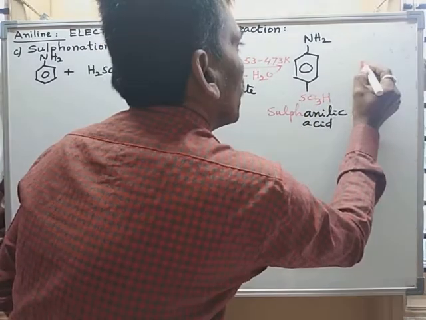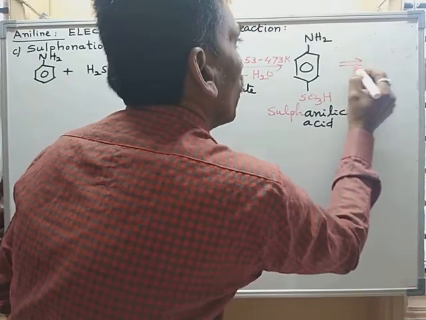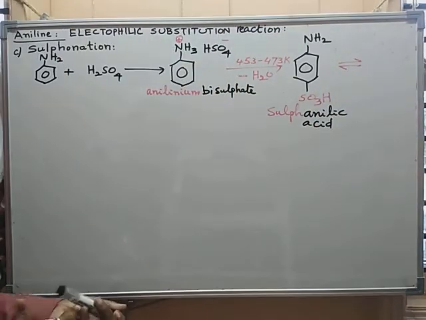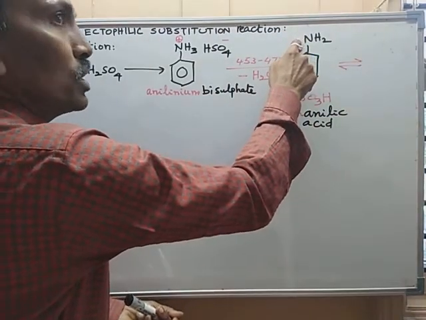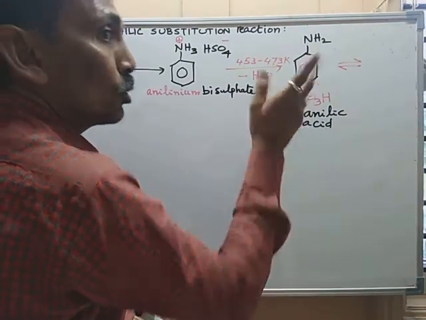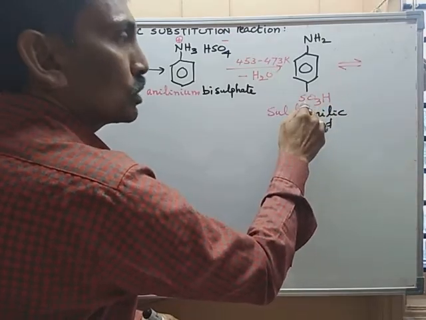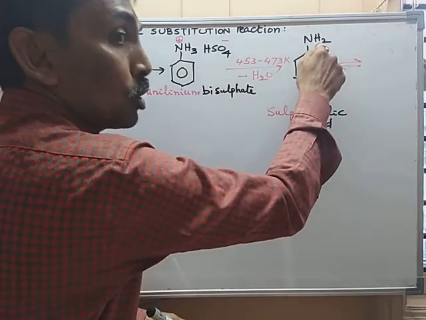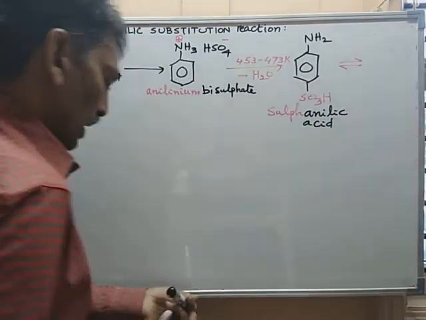This is in equilibrium. How? Very simple. One end is basic in nature, and the other end is acidic in nature. It is ready to donate a proton and becomes SO3 minus, and the other is a proton acceptor and becomes NH3 plus.